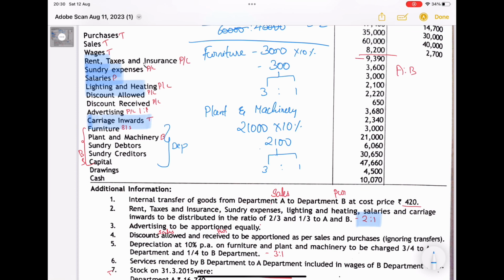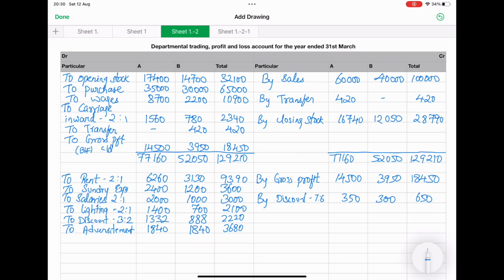So I'll write it in the account. To depreciation, the first one will be furniture, furniture 300.